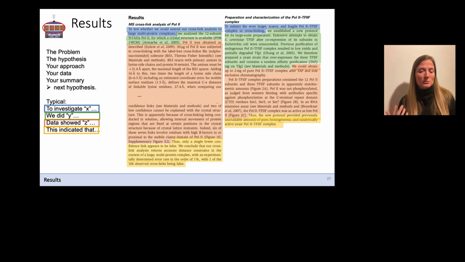Because what I often do when I read papers is I go to a particular figure and try to understand it, and if I miss some information there, if I don't get exactly what this was done for and what this data means, I jump to this section, and I see immediately: okay, to do this, we did that.